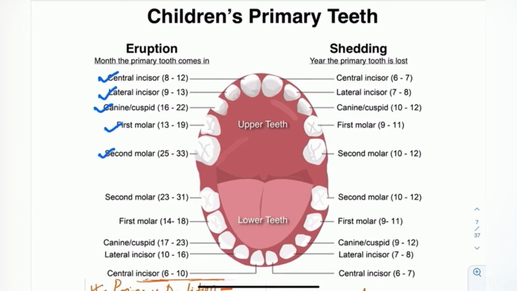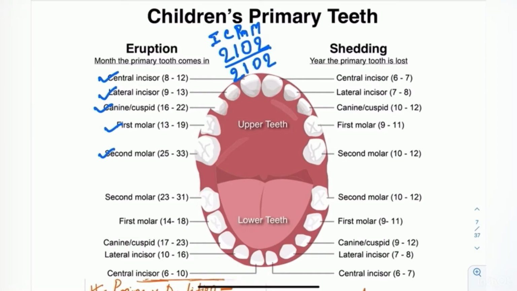What does it mean? How can we write the dental formula in case of deciduous dentition? It will be 2, 1, 0 and 2, and you must know 2, 1, 0, 2 will be here also. Why am I writing it as 0? See, incisor, canine, premolar and molar.